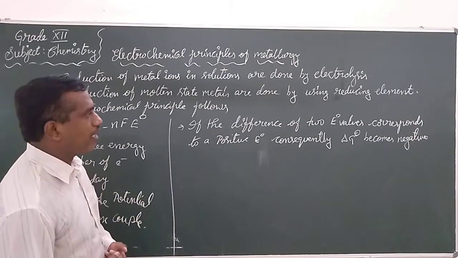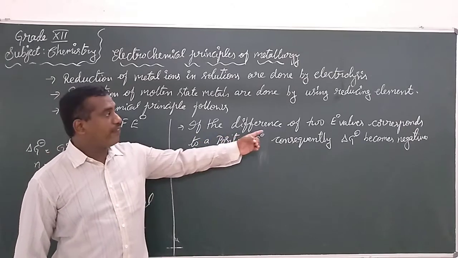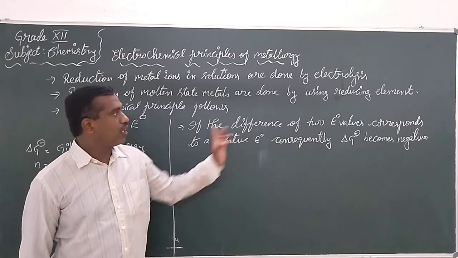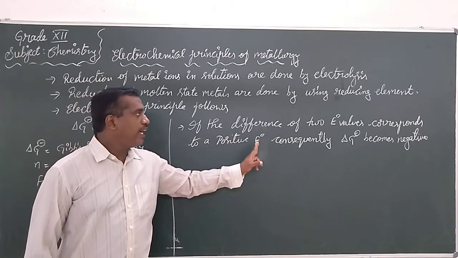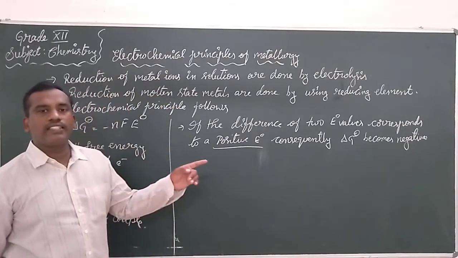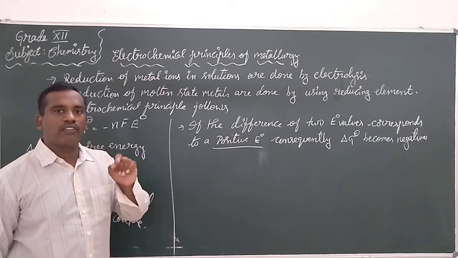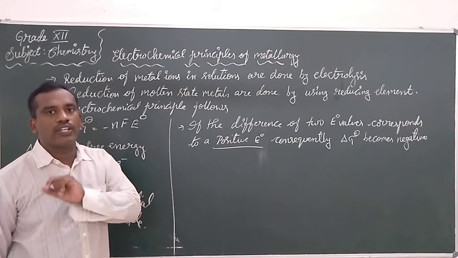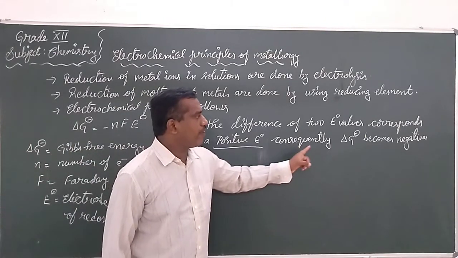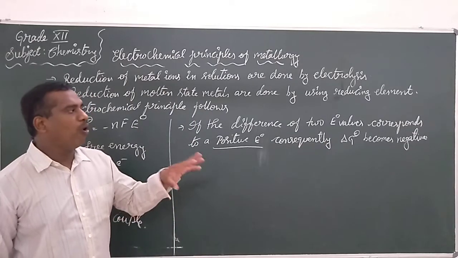So we have discussed now that if the difference of two electrode potential values corresponds to a positive electrode potential, as we discussed about the Daniel cell, the E naught of the reduction half cell minus E naught of the oxidation half cell gives a positive value. It consequently makes delta G more negative.